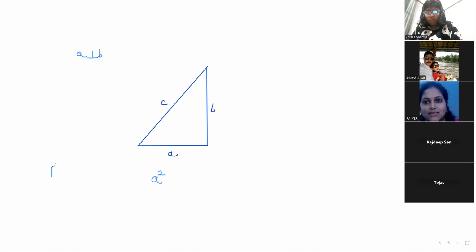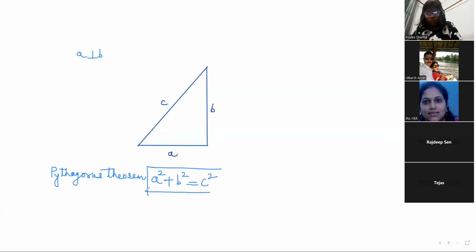So according to Pythagoras theorem, A square plus B square will always be equal to C square. A square plus B square is always equal to C square.